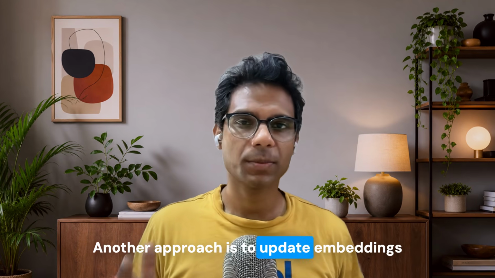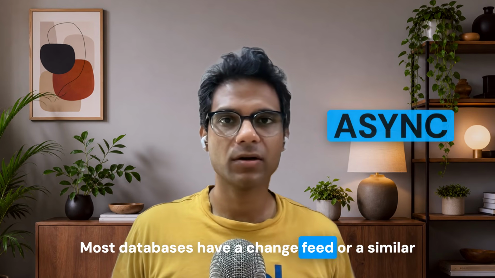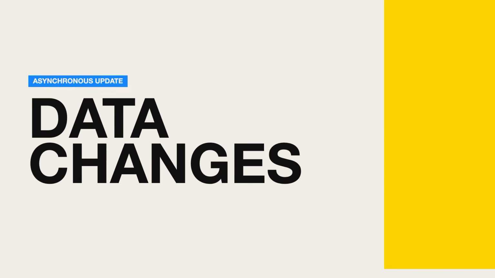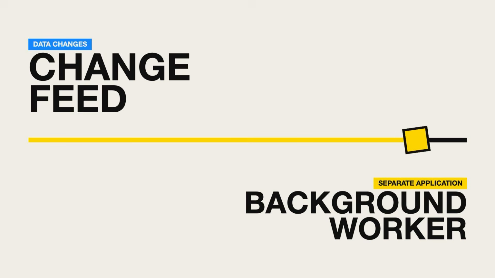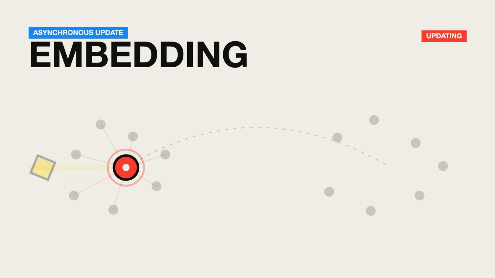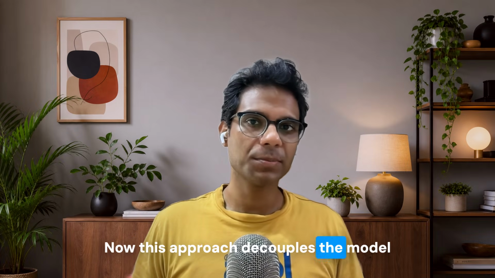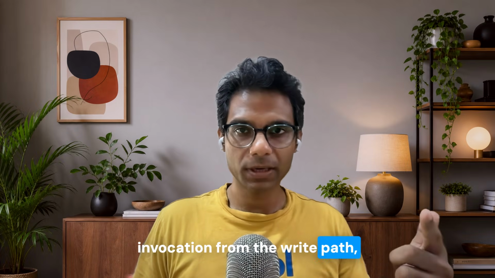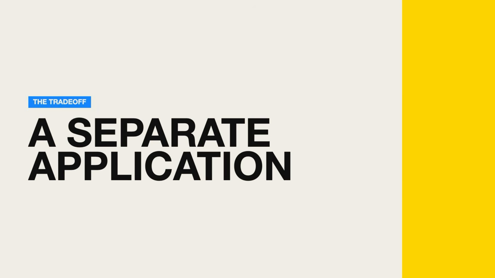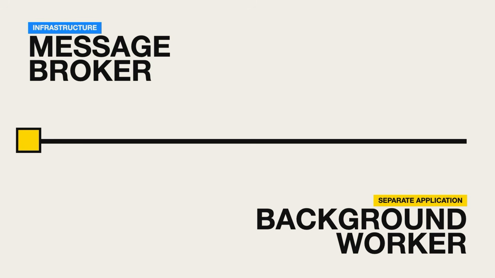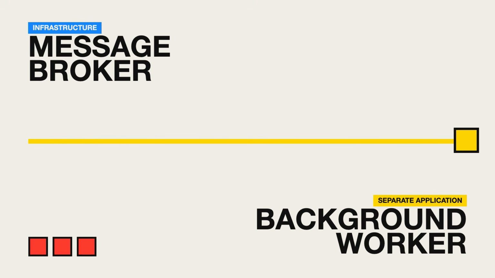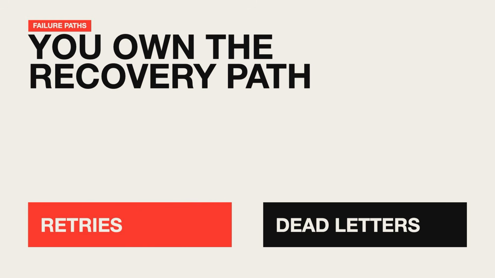Another approach is to update embeddings asynchronously. Most databases have a change feed or a similar mechanism that allows you to subscribe to data changes, and you can use that to trigger an embedding update as part of a separate application like a background worker. Now, this approach decouples the model invocation from the write path, but you need to manage a separate application and all its related infrastructure concerns, like maintaining a message broker or perhaps dealing with dead letter queues.